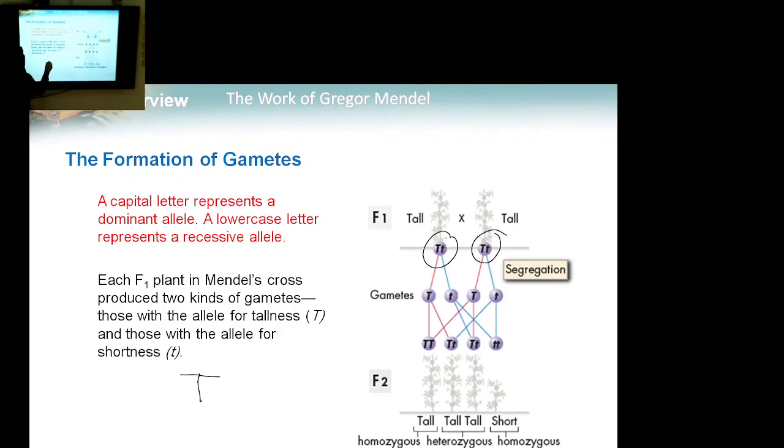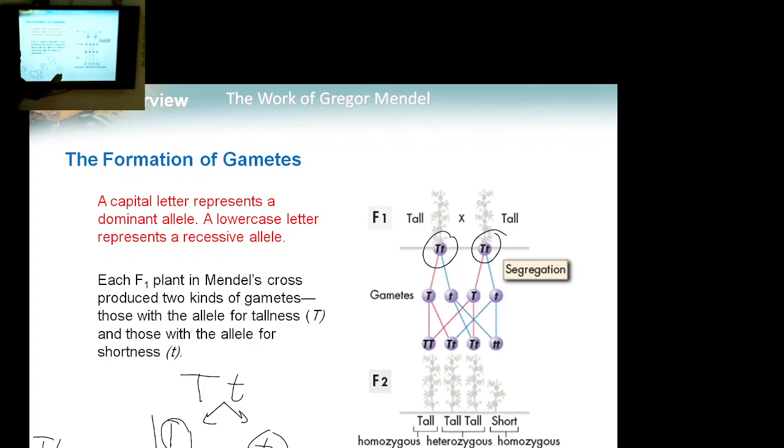This is the first parent, and this is the other parent. After the segregation, we will form two gametes, T capital, T small, and here we will also form two gametes, T capital, T small. Okay?